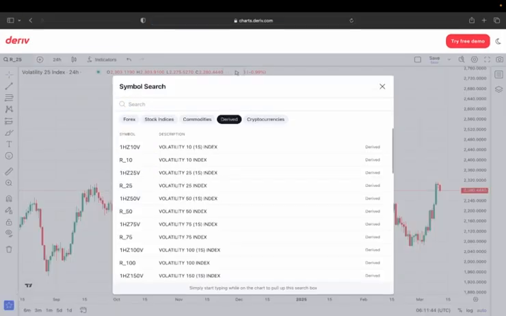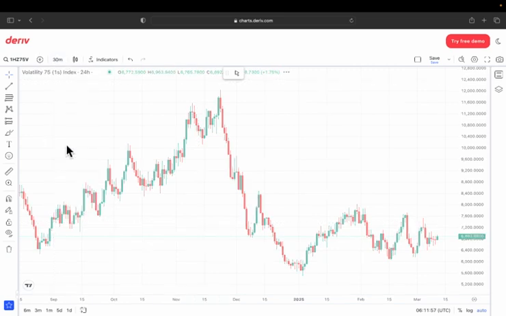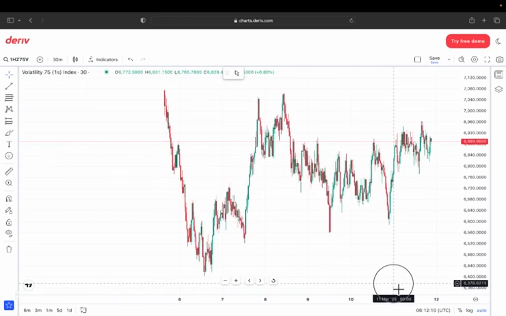Okay, let's just check synthetic. Best like V75. I think mitigation block works here. I was checking something today. Let's check.